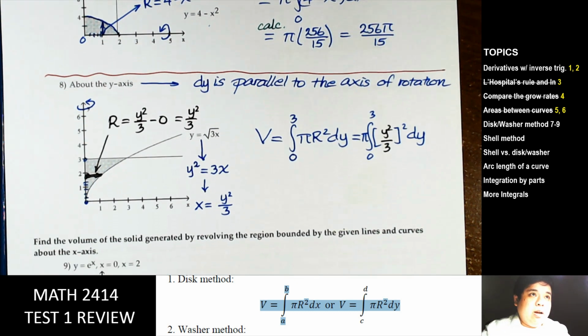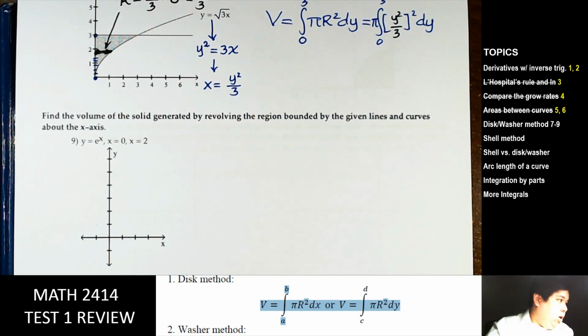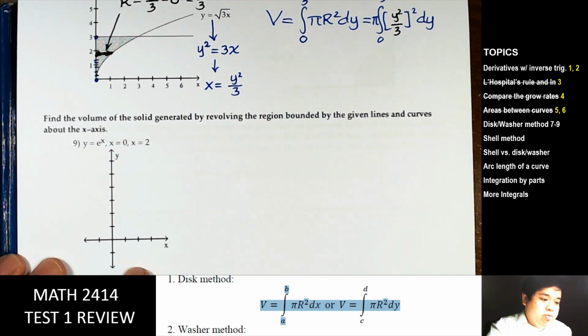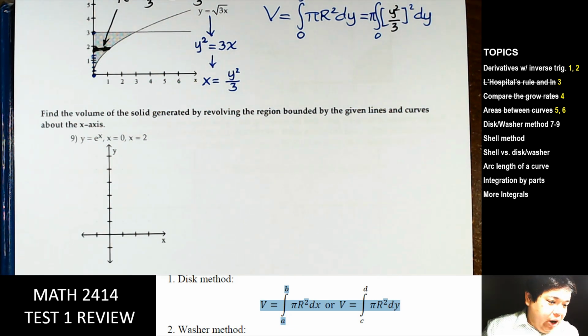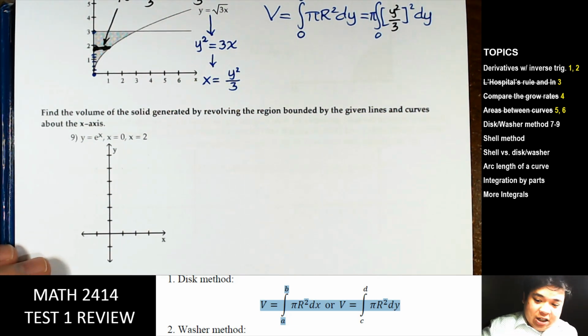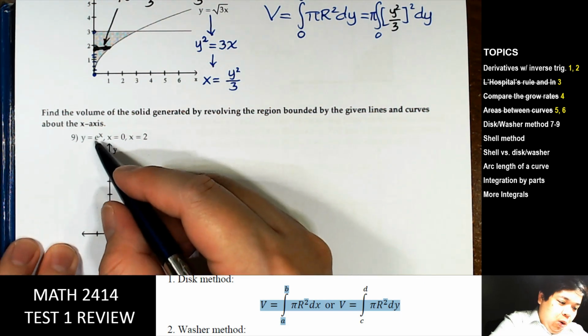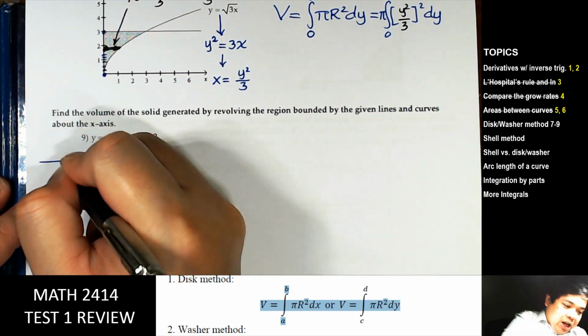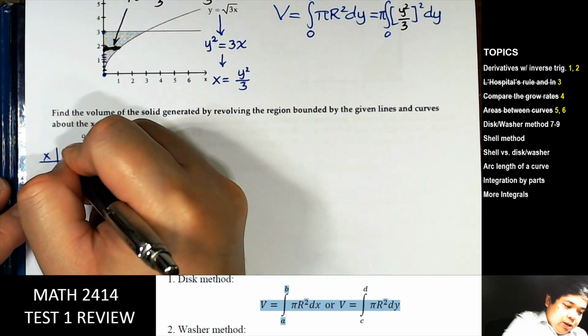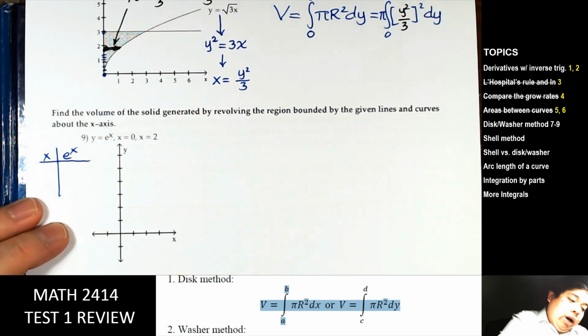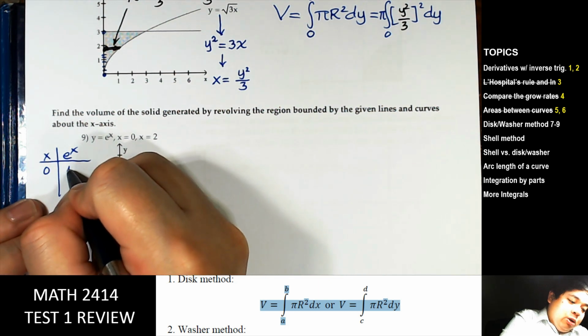Right, moving on. By the way, on this problem, I just made it up so the answer on the back might not be right. So we have the function y equal to e to the x. Let's just sketch this real quick. When x equal to 0, e to the 0 is 1.